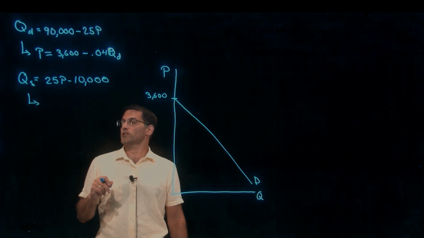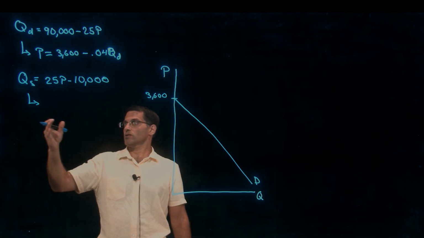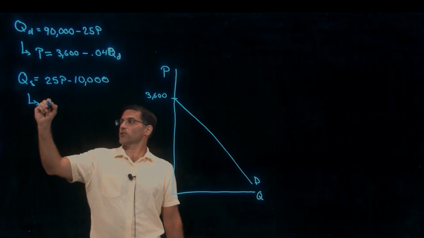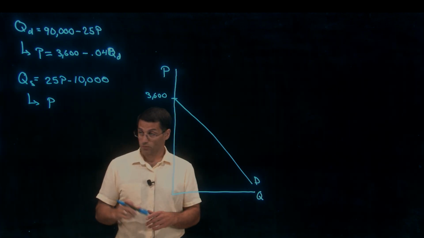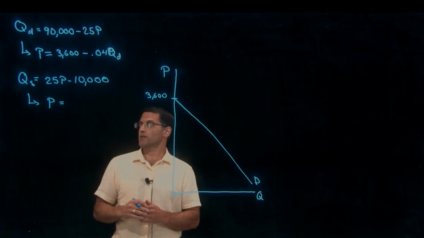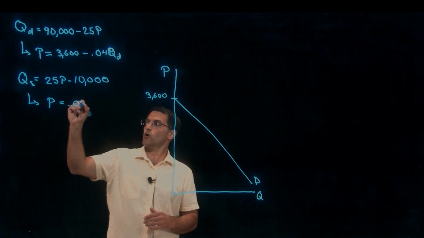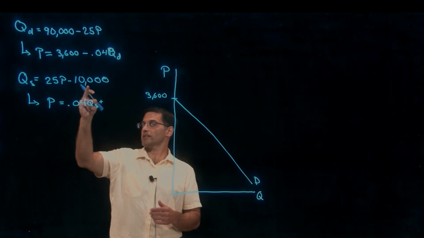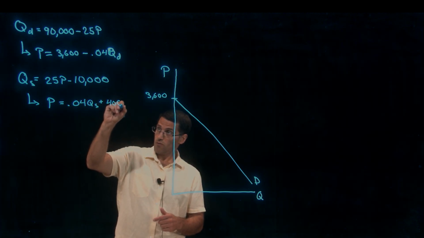We have 25p minus 10,000. So again, in this case, it's actually easiest to just bring the 10,000 over, and then divide through by 25, just because that's what we have here again. So you have P equals 0.04 QS plus that 10,000 divided by 25, which gives us 400.